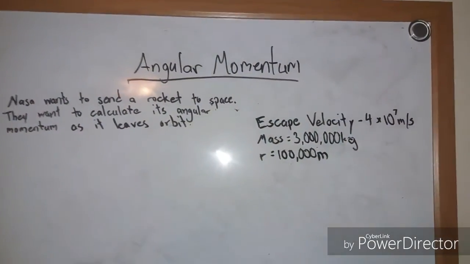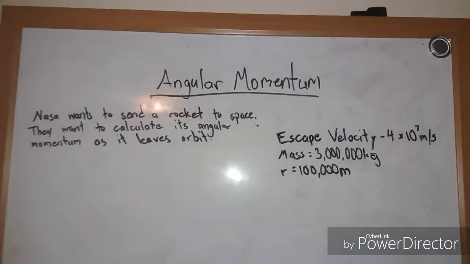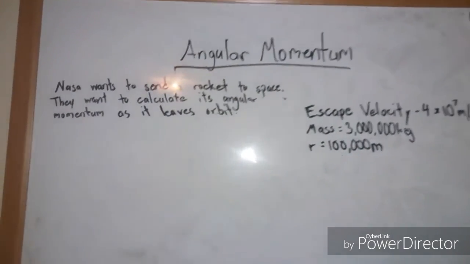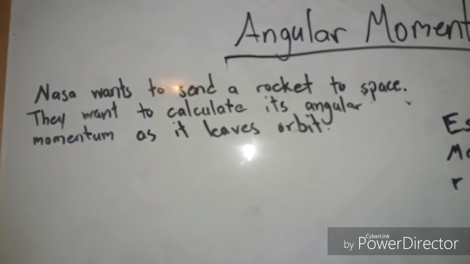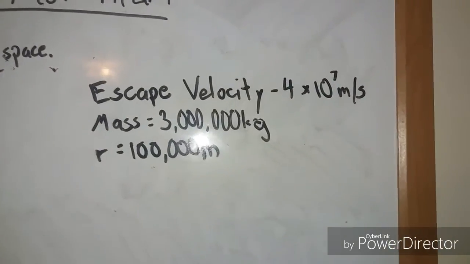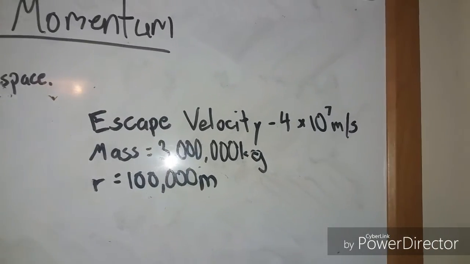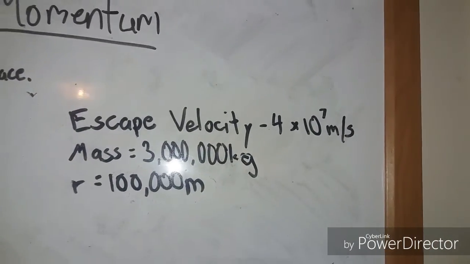All right, so let's do a real life application problem. Well, something that can be related to real life. So NASA wants to send a rocket into space. They want to calculate its angular momentum as it leaves the Earth's orbit. So we have escape velocity, which is the velocity that it will be traveling at, and that is 4 times 10 to the 7th meters per second.